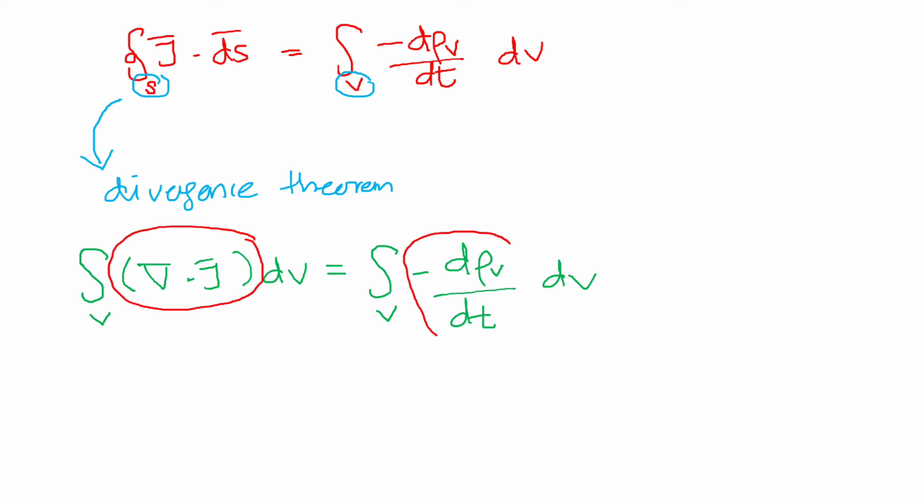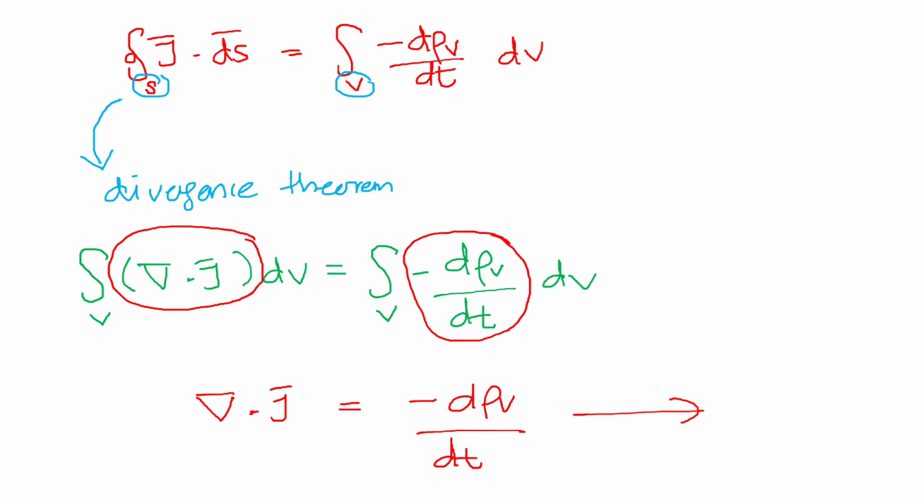This is the process of changing the integration format to a point format. So from here, we can write that the divergence of J is equal to negative d rho v over dt. And this is our third model of current.